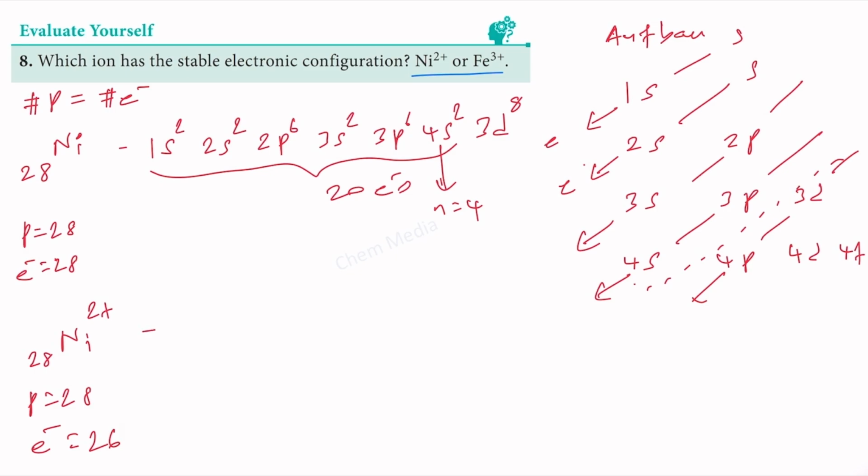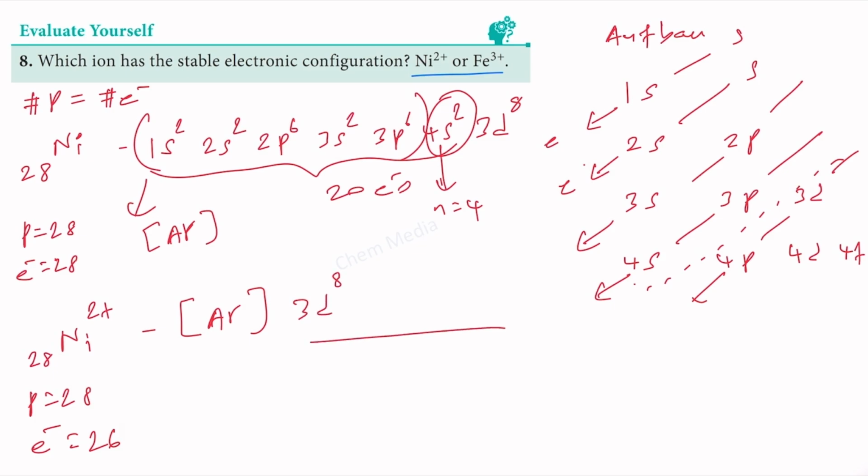Therefore, the electronic configuration now is, we can simply put it this way: argon that has 18 electrons until here, that is argon, atomic number of argon is 18, and then the 2 electrons from 4s2 are removed now. Therefore, 3d8, and the 8 electrons can be filled this way: 1, 2, 3, 4, 5, and then 6, 7, 8.